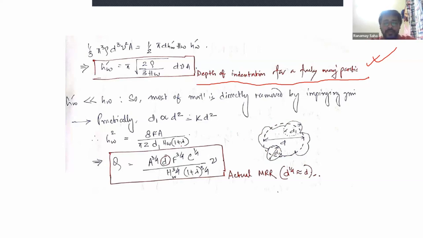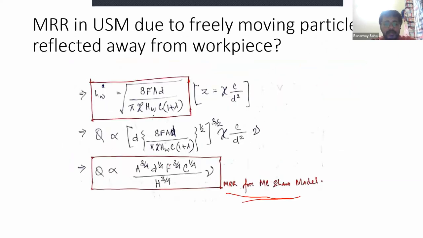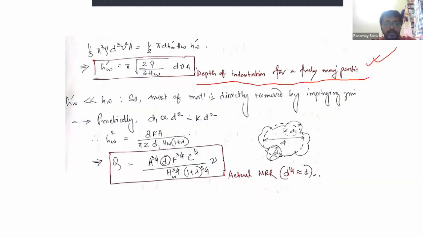So when you replace that directly, you have seen that the variation of diameter is as 1/4 power. Practically that varies as simple d. This happens when you replace d as d1.